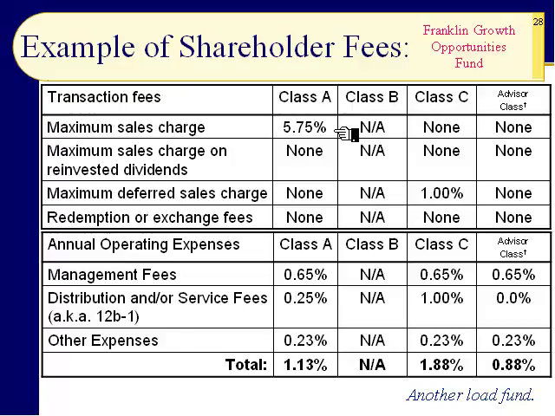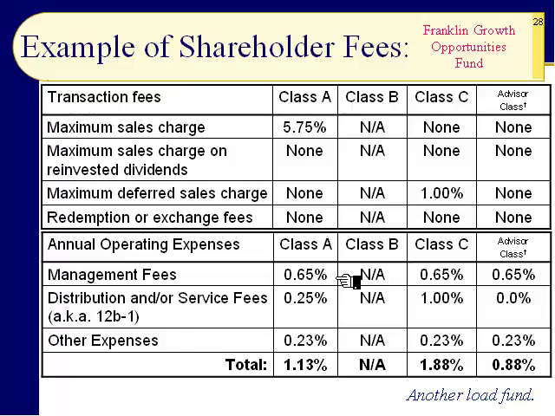5.75%. So their maximum sales charge is higher than the previous one. But notice their management fees are a little bit less. The distribution fees, the other expenses, so they're actually charging a little bit less than the previous fund. Not much less, but still.